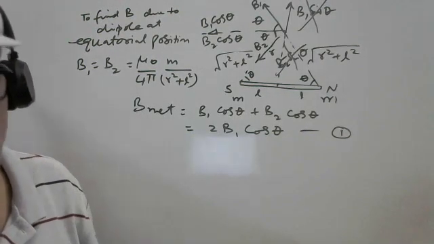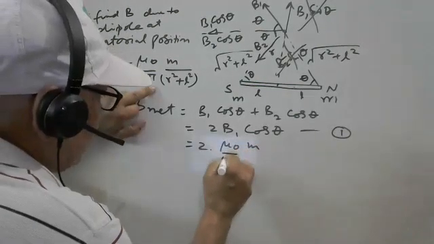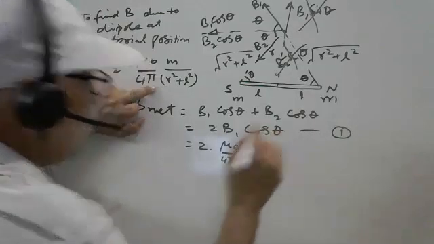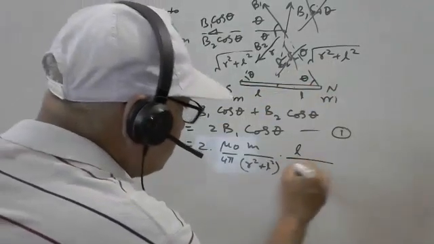Hello students, any doubt? B1 means mu naught m upon 4 pi, r square plus l square, putting the value of cos theta as L upon the hypotenuse, root of this.